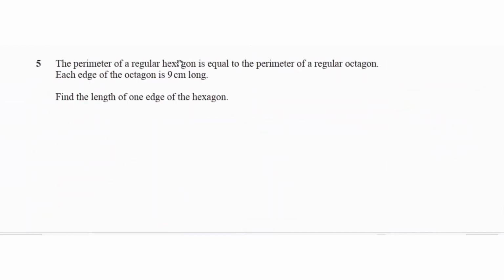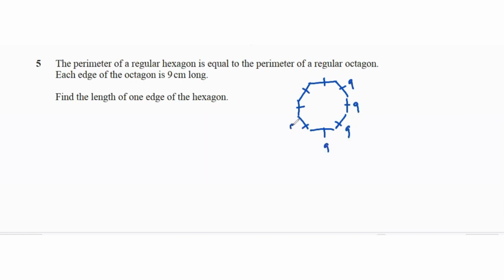The perimeter of a regular hexagon is equal to the perimeter of a regular octagon. Each edge of the octagon is 9 centimeters long. Find the length of one edge of the hexagon. An octagon has 8 sides. So 1, 2, 3, 4, 5, 6, 7, 8. And each of these sides are equal because it's a regular octagon. And they're equal to 9 centimeters.